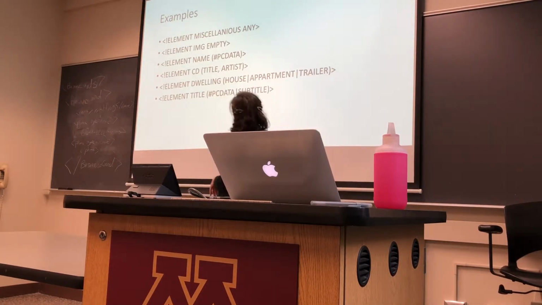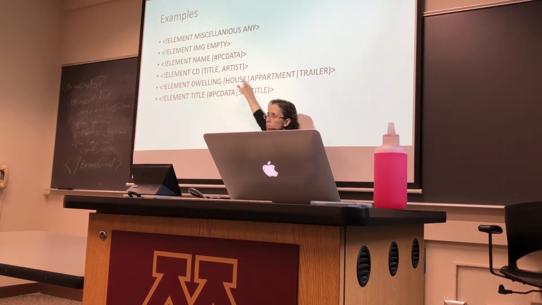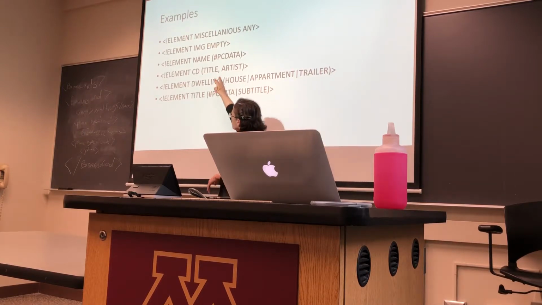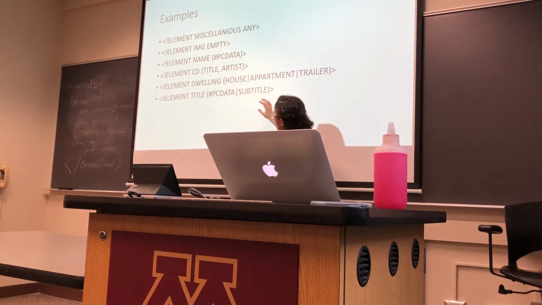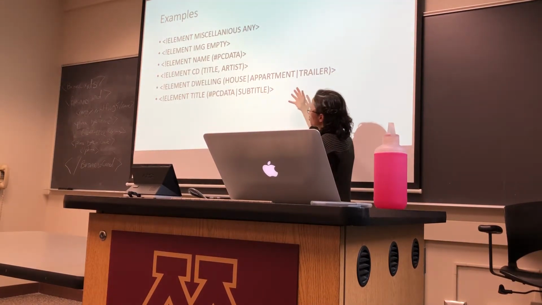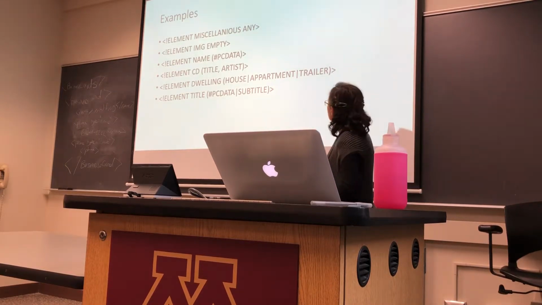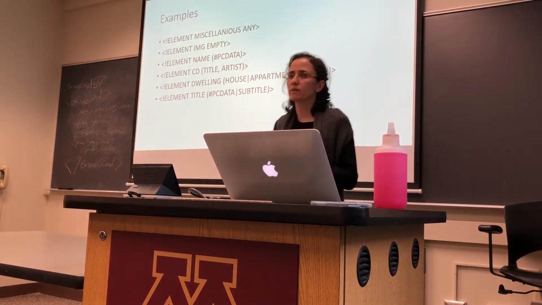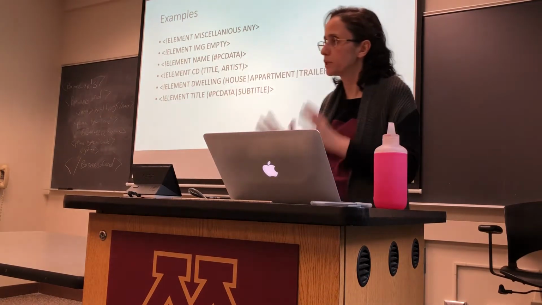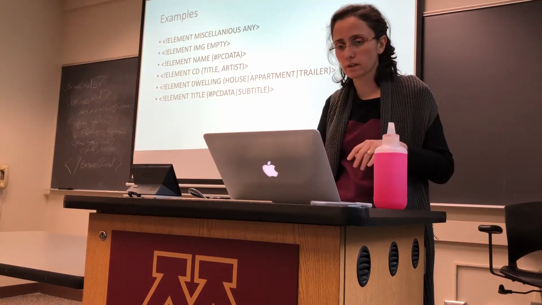Here you're saying that it can have this or this or this, so the meaning of the bar is "or." When you have the comma, it has to have all of these. But here it can be either a house, an apartment, or a trailer, because a dwelling cannot at the same time be a house and an apartment and a trailer. That is the logic for your client's data, when you're thinking about how things are done.